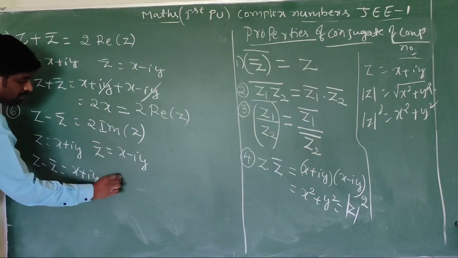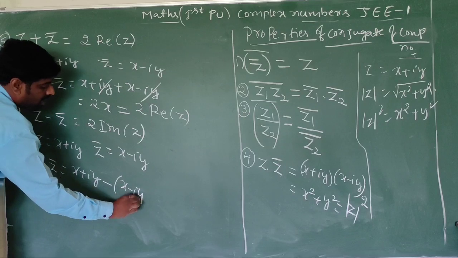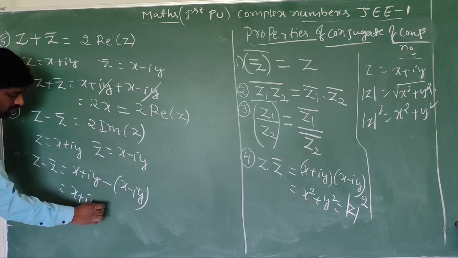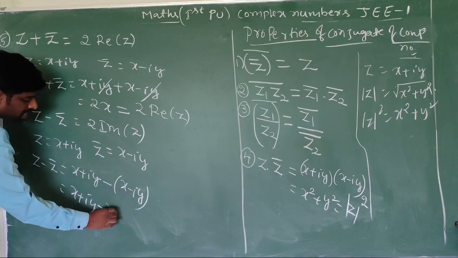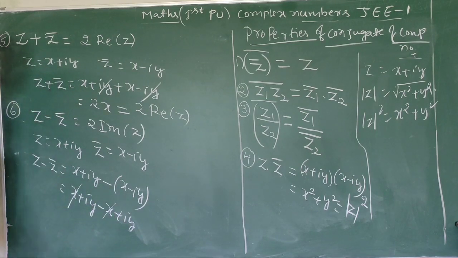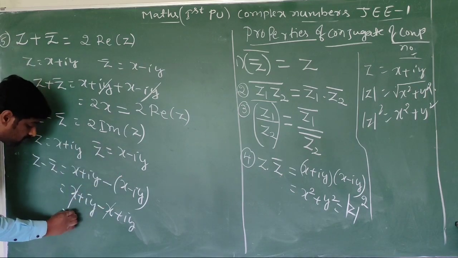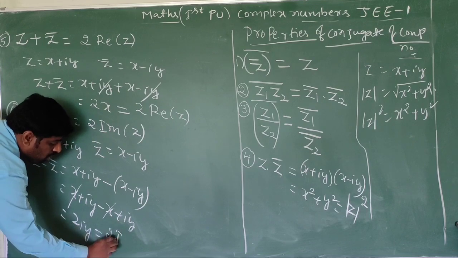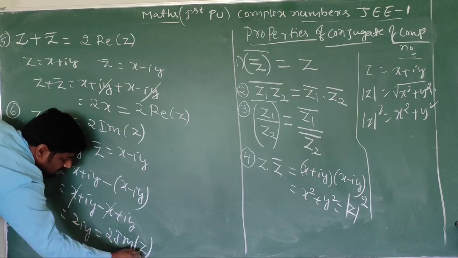Minus, what is z bar? x minus iy. x plus iy minus x plus iy. The x cancels. iy plus iy is 2iy. This is nothing but 2 times the imaginary part of z.